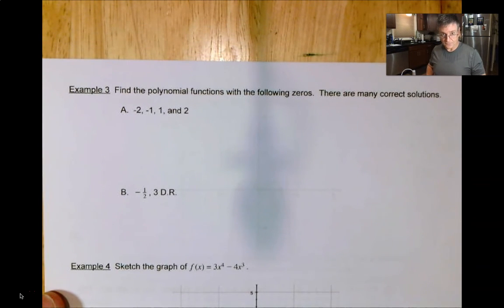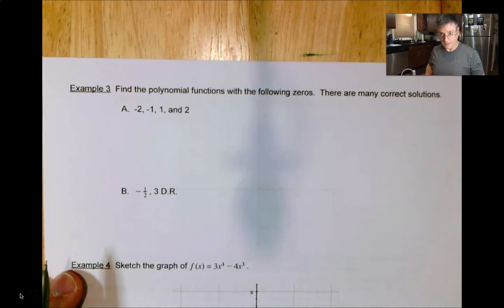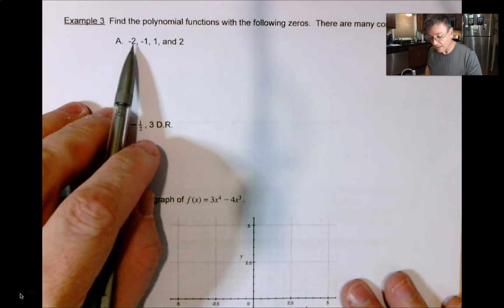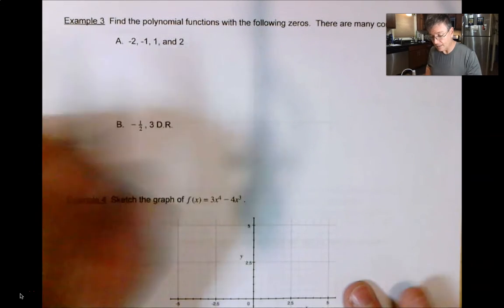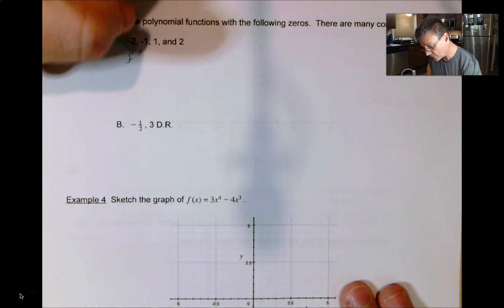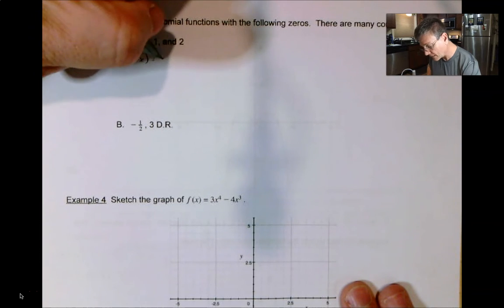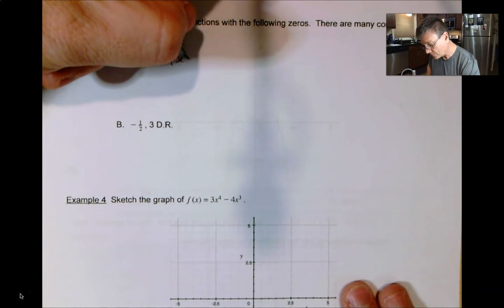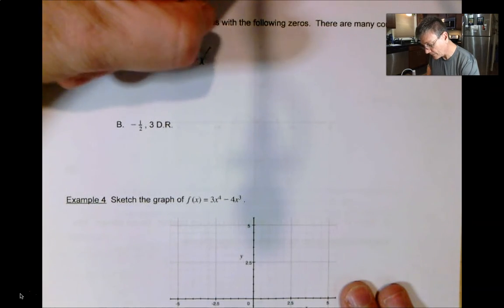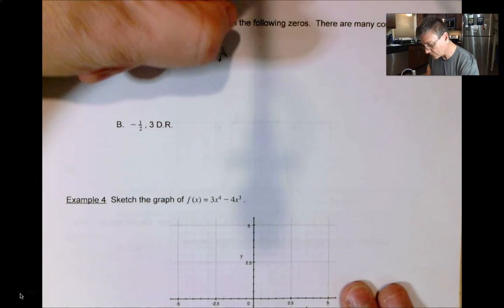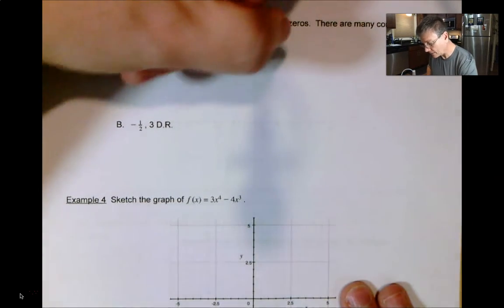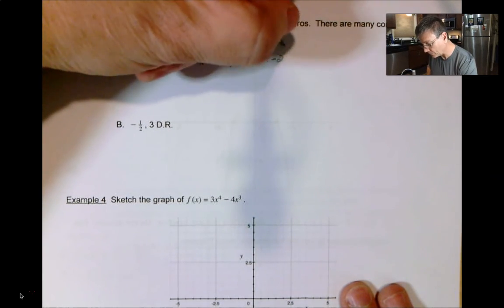So find the polynomial functions with the following zeros. There may be many solutions, right? So we know that we've got a -2, a -1, a 1, and a 2. So we have f of x equals a times x plus 2, x plus 1, x minus 1, and x minus 2.